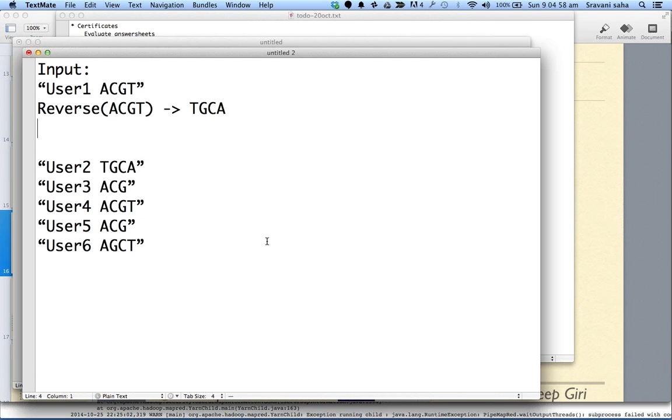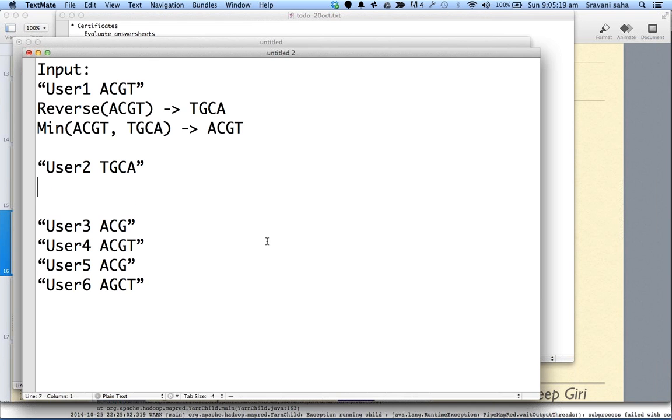TGCA, perfect. Now out of ACGT and the reverse TGCA, which one is minimum, the smaller of the two? ACGT, perfect.